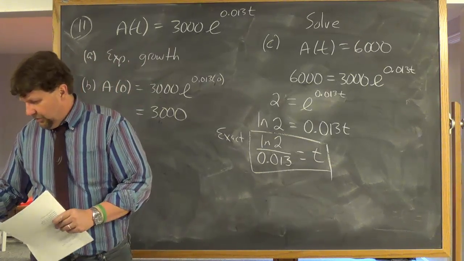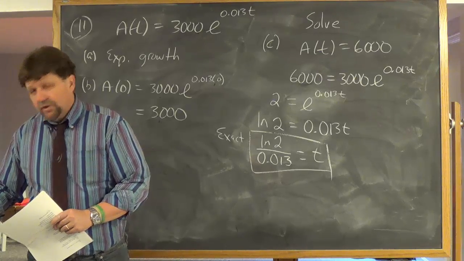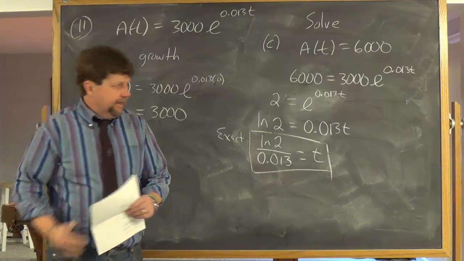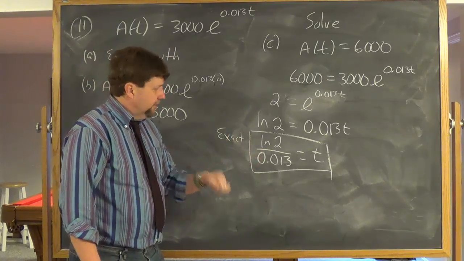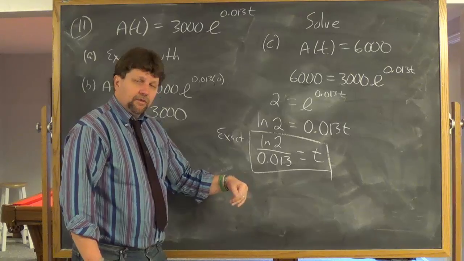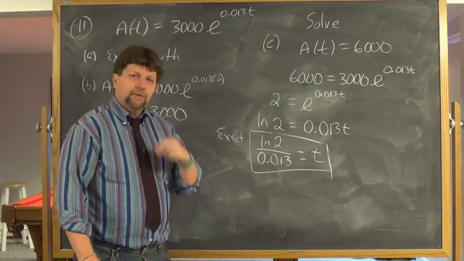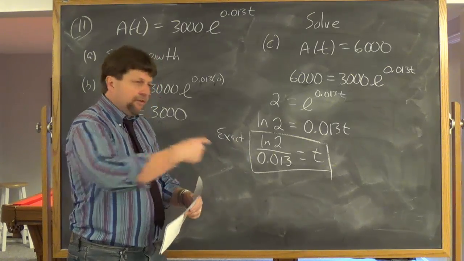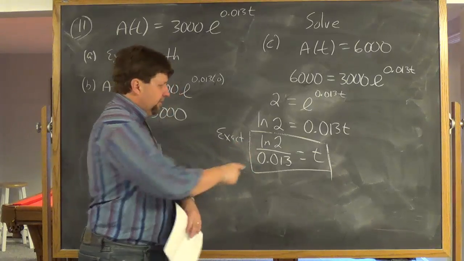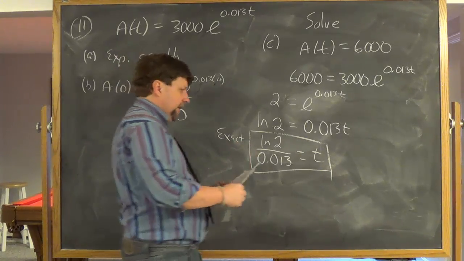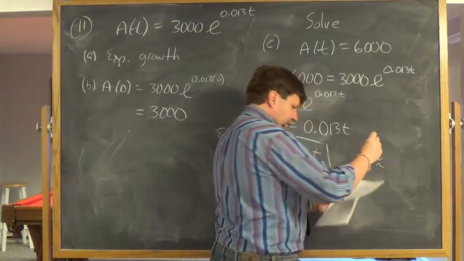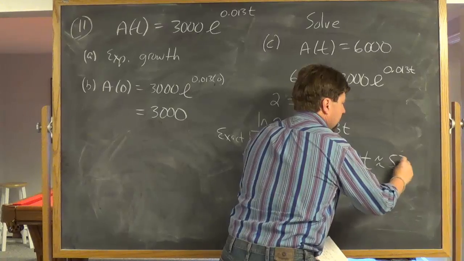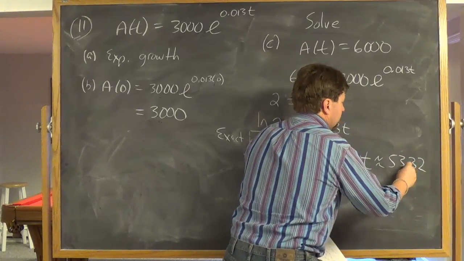Then I said to use your calculator to get a decimal approximation. So this is where you fire up your calculator and you do natural log of 2 divided by 0.013. That will give you a decimal approximation. And when you do that, you will get t to be about 53.32.